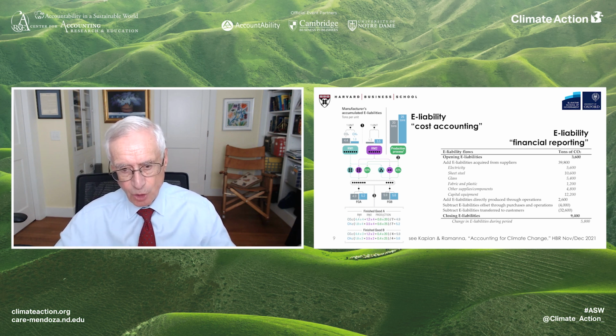So this system automatically accommodates the carbon credits that companies might want to do, or if they're doing carbon capture, they grab a lot of carbon out of the air. Well, that's good too. That's a subtraction from their e-liability account. So we're pretty excited because it's such a simple solution to this extremely important problem.